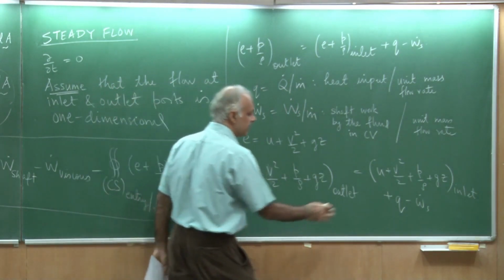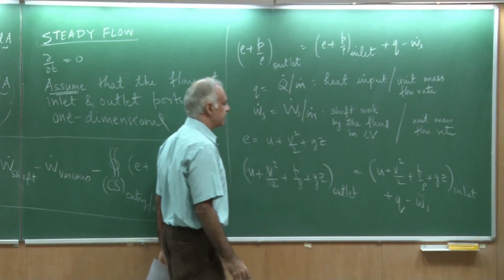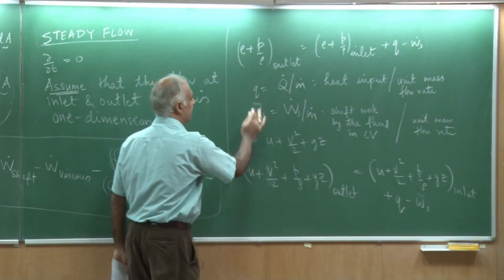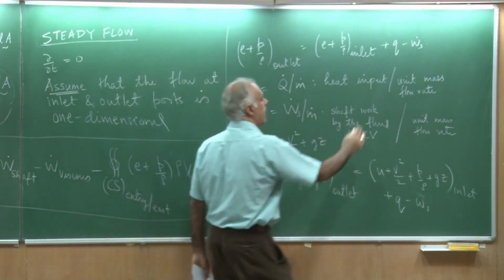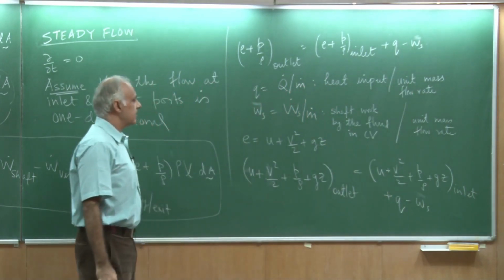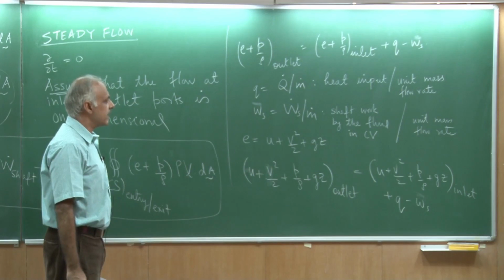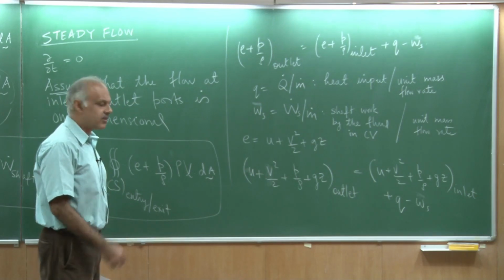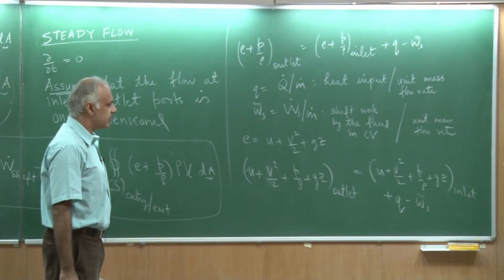In fact, I can remove the dot from this. It's understood that it is a rate, so I can make it simple. I'm sorry I put a dot on the top of it. It is understood that this is a rate, so we can get rid of the dot and simplify the notation.